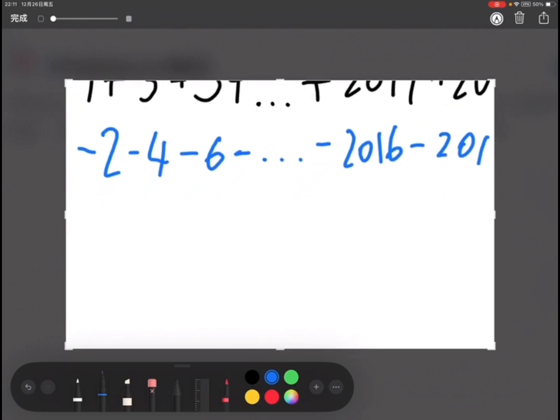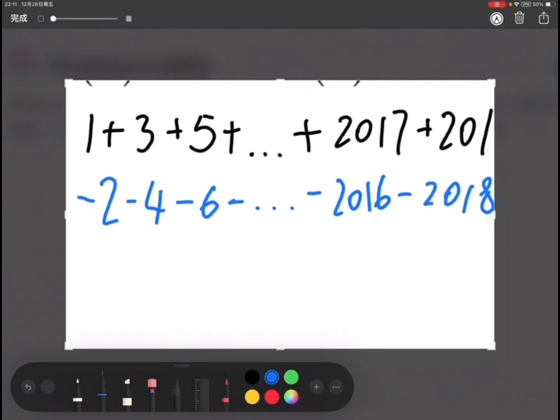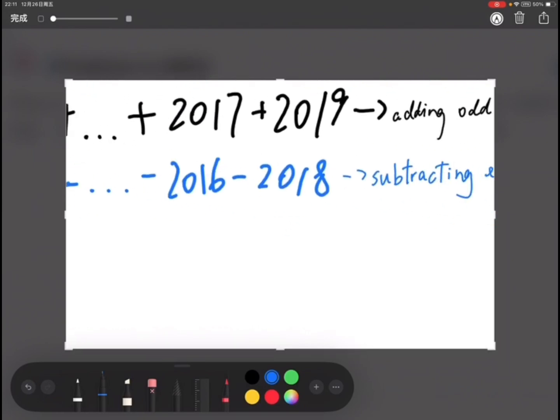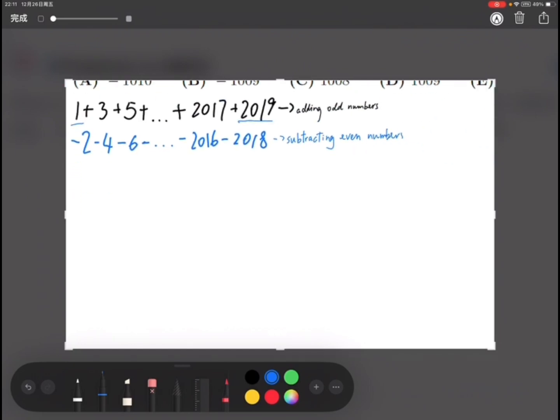And so we find out that if we add this number and this number together, we would get the same sum.